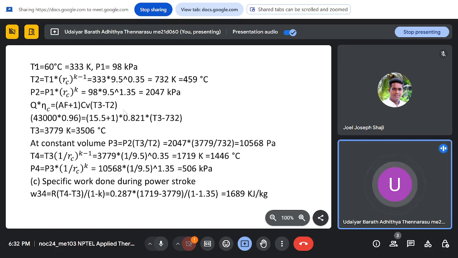Your change in internal energy will be m dot Cv delta T. Here m dot is nothing but mass of fuel plus mass of air, and air fuel ratio is mass of air divided by mass of fuel. So it becomes mass of fuel plus air into Cv into T3 minus T2, divided by mass of fuel, and that will be equal to your calorific value.